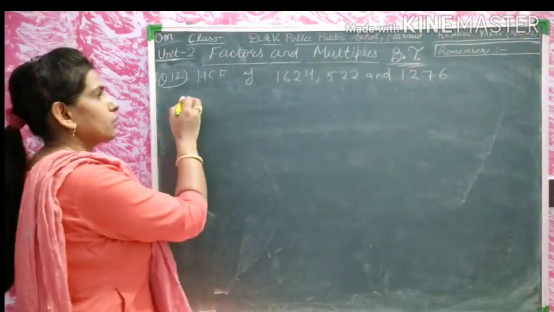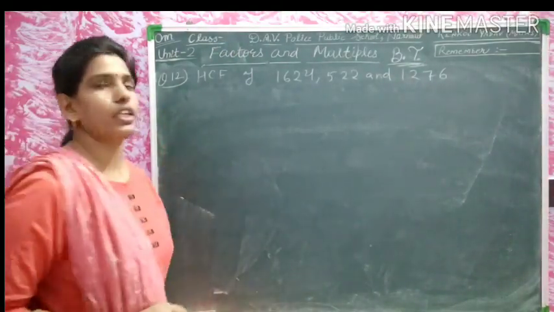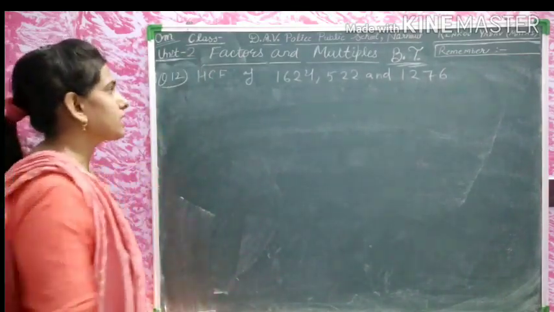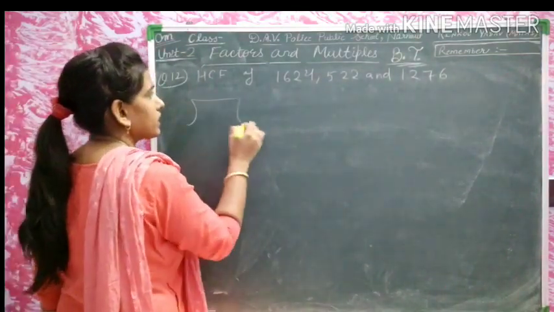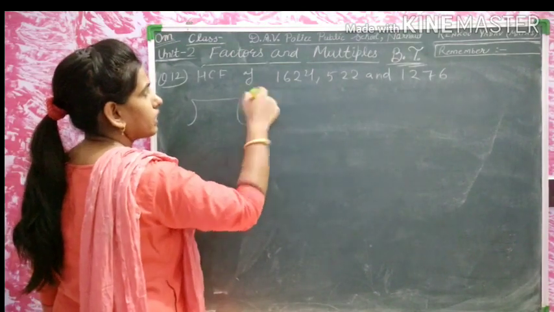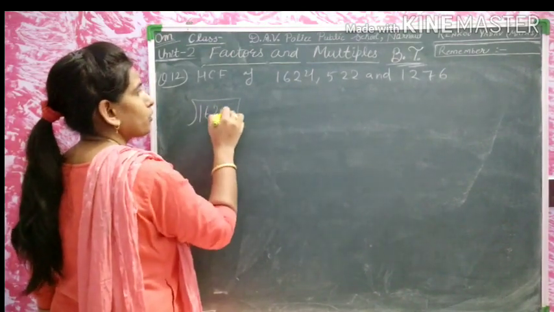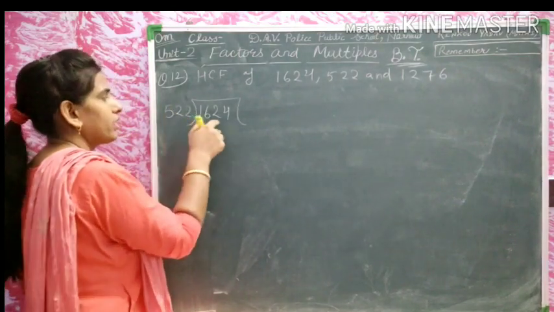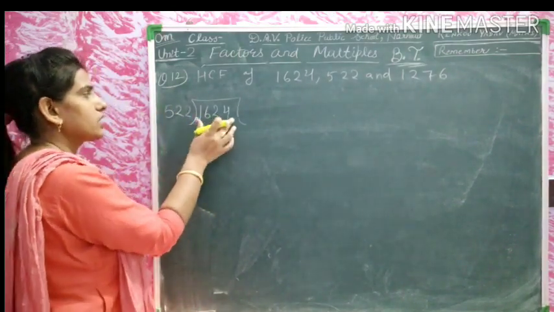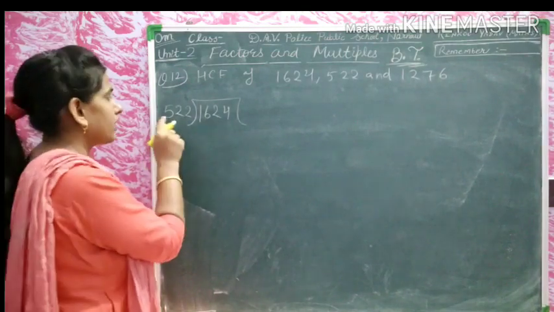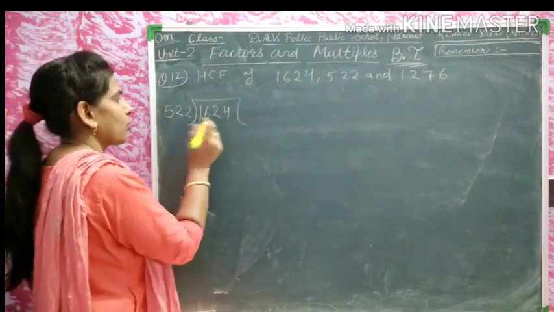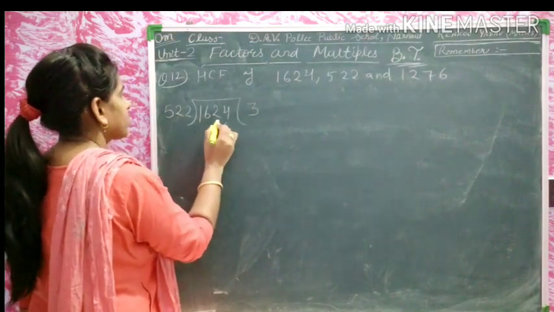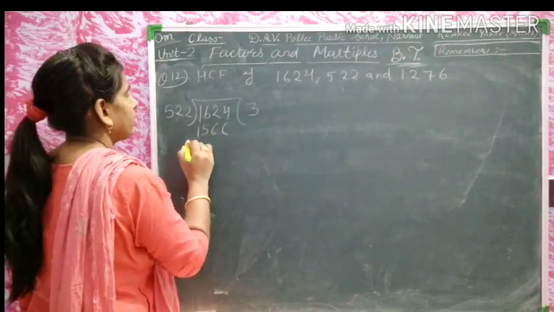Now there is question number 12 and we have to find the HCF of these numbers. So students, let's see. For the HCF of these numbers, we write the greater number 1624 and the next number 522. The greater number is the dividend here and the smaller number is the divisor. 3 times 6, 3 times 5 is 15.